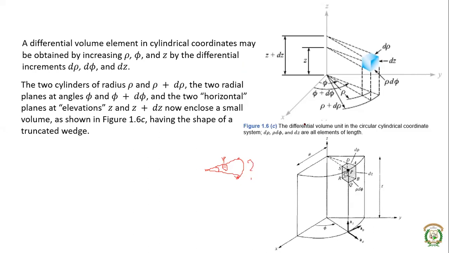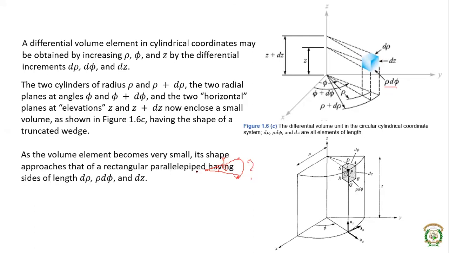Similarly, the length of this particular thing is given by radius multiplied by angle. What is the radius? Radius is rho. What is the angle with which it changes? The angle is changed by d phi. That's why the length is rho d phi. So the length of this will be rho times d phi. That's why we have written rho d phi here. It's not d phi, d phi is the angle. The length of this line will be rho into d phi.